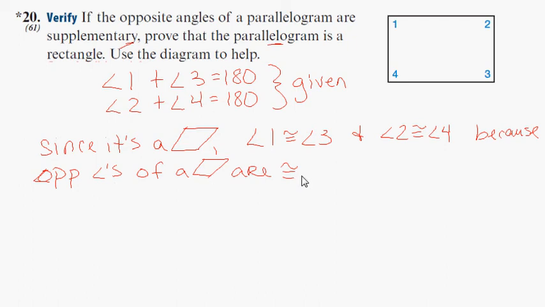So that's convenient actually. We can say angle 1 is equal to angle 3. We can say angle 2 is congruent to angle 4, right?